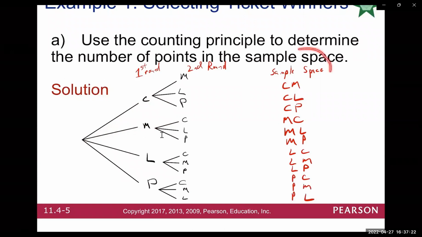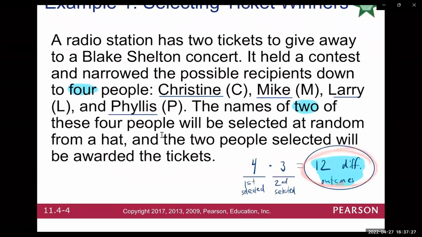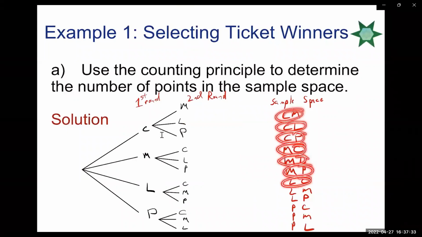So this is called the sample space, and there should be 12 different outcomes. Let's count them: 1, 2, 3, 4, 5, 6, 7, 8, 9, 10, 11, 12. So there are 12 total outcomes.